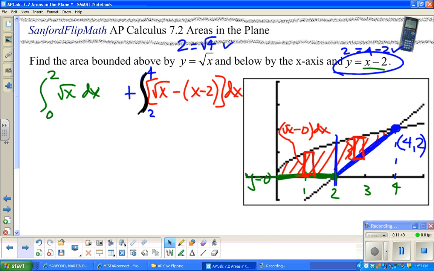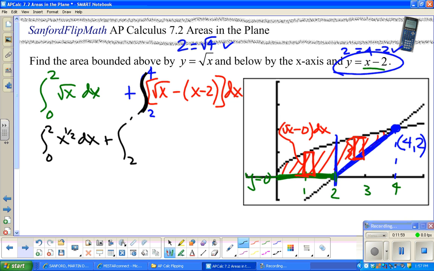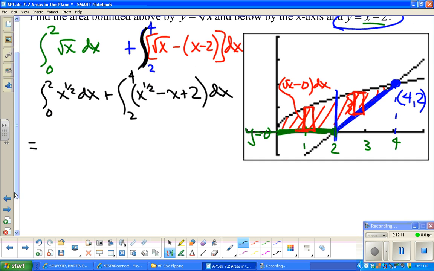Okay, so I'm gonna rewrite some of this. From 0 to 2, this is gonna be x to the 1/2. From 2 to 4, again, x to the 1/2, and this is really minus x plus 2, dx. Okay, and we can pretty much just go through term by term.